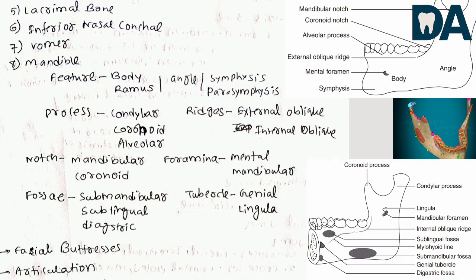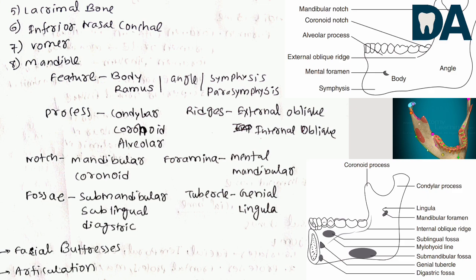Mandible. Mandible is the most important bone here. Mandible is a U-shaped bone forming the lower jaw of the face, which is unique in numerous aspects.